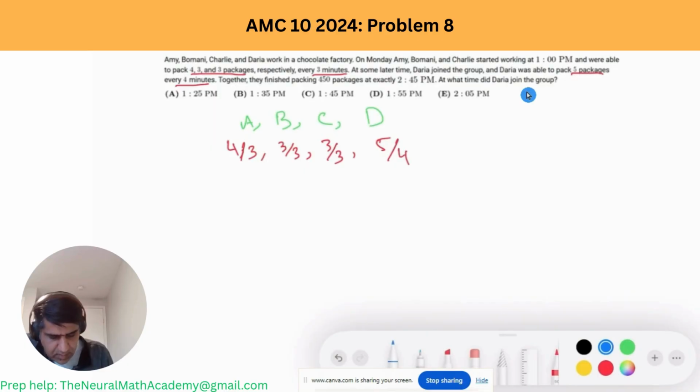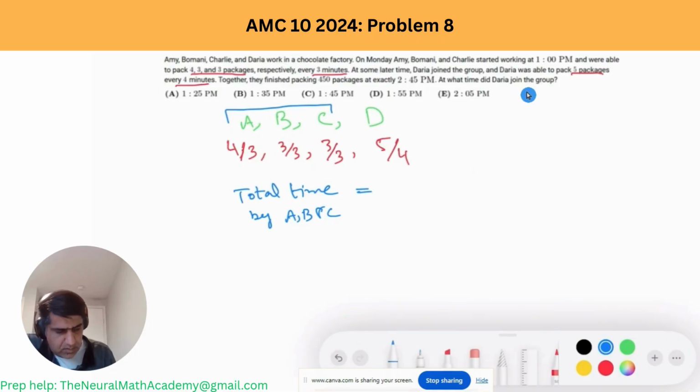What we know is that Amy, Bomani, and Charlie started at 1 p.m. and finished at 2:45 p.m. So the total time taken by A, B, and C is 2:45 p.m. minus 1 p.m. That is actually 1 hour and 45 minutes, or equal to 105 minutes.